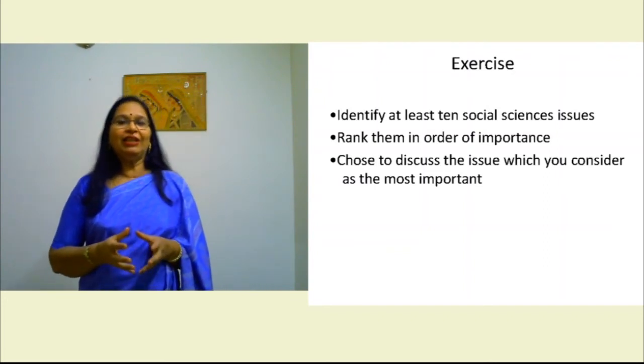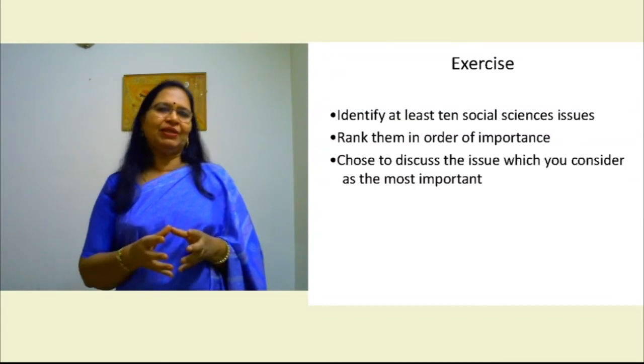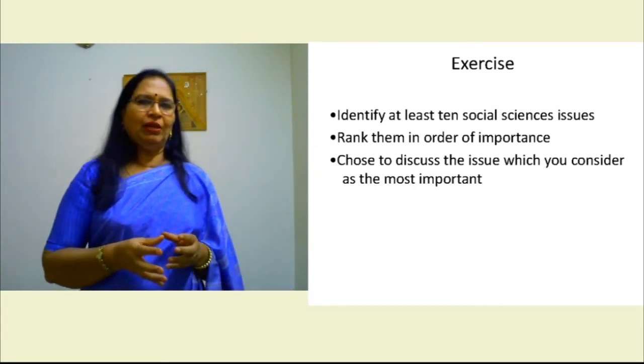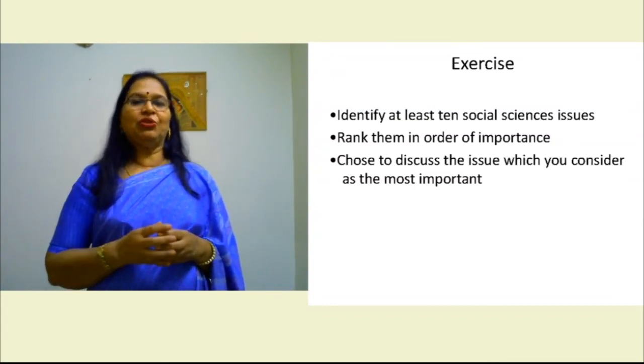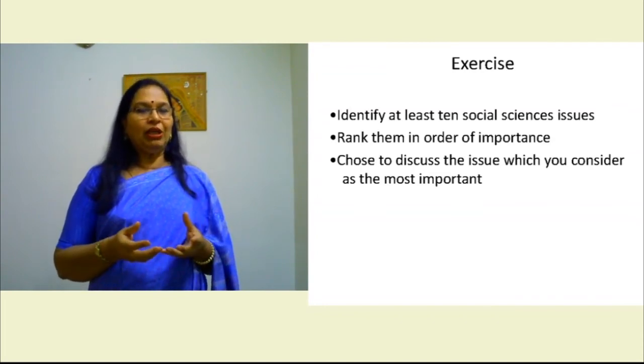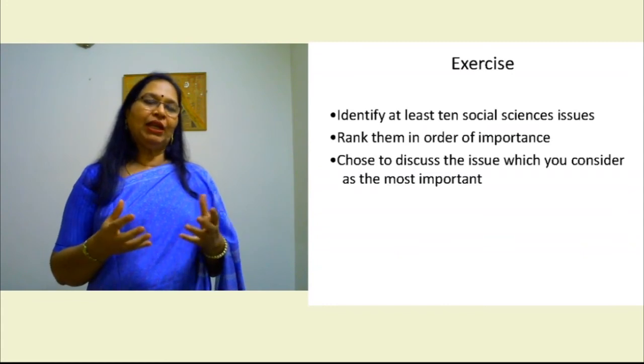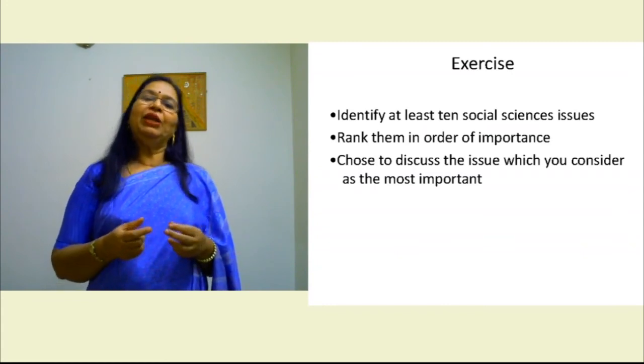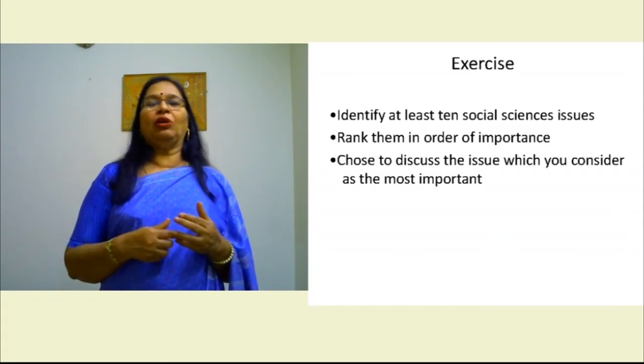So, having identified 10 interesting subjects in your domain area, which is whatever subject you are studying, then look into them, read about them a little more if you can, and then rank those topics in order of importance.